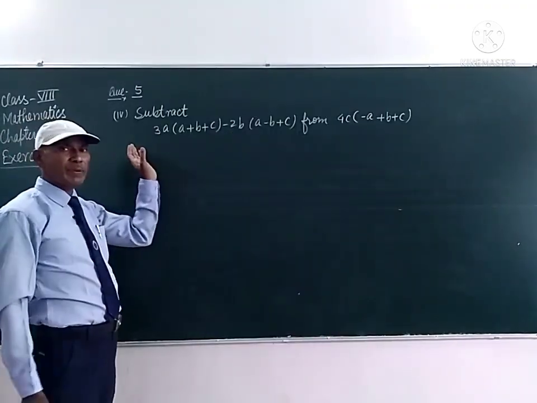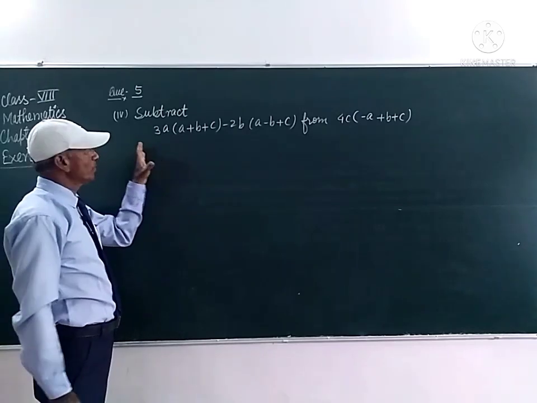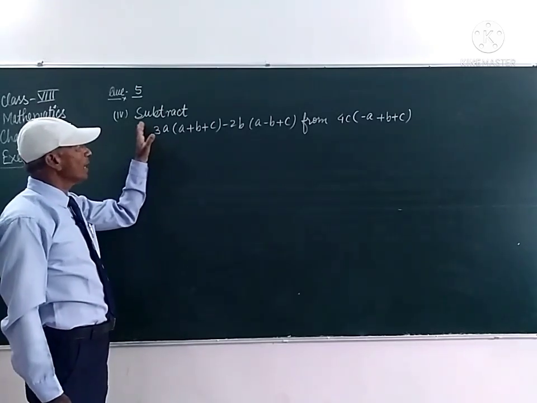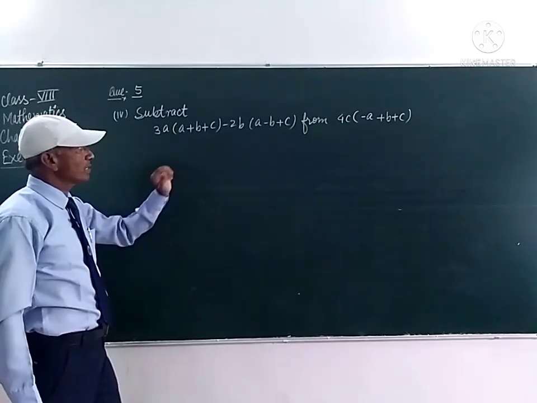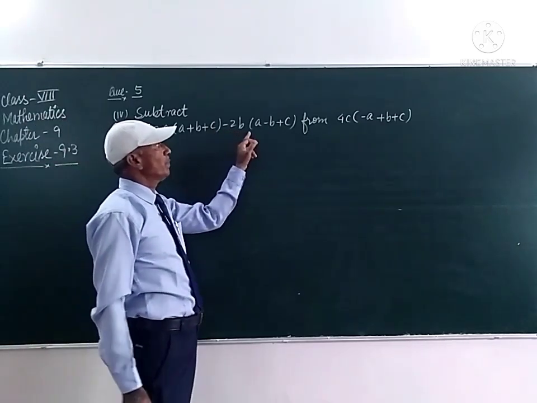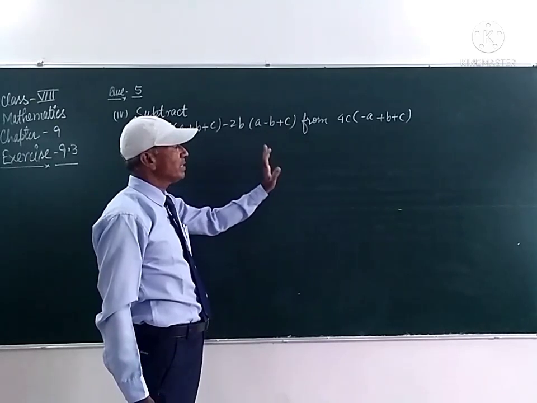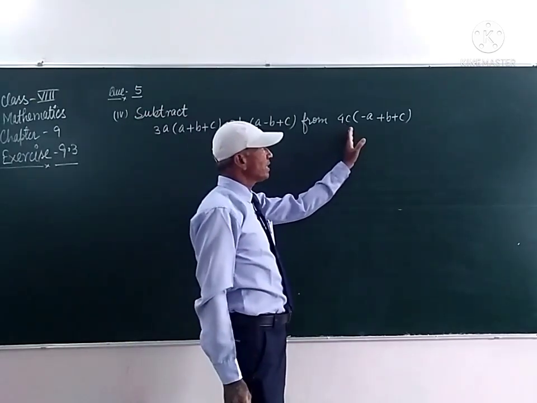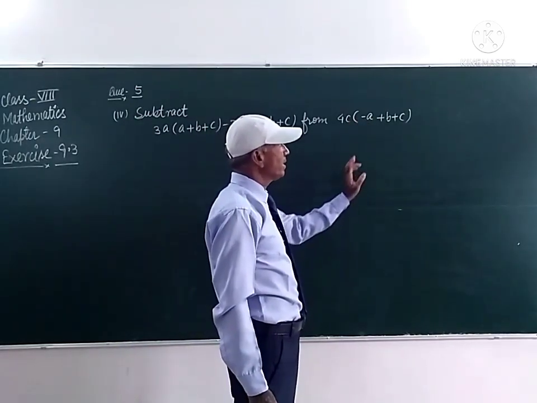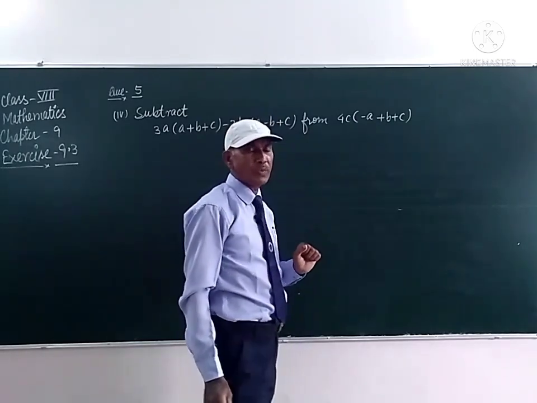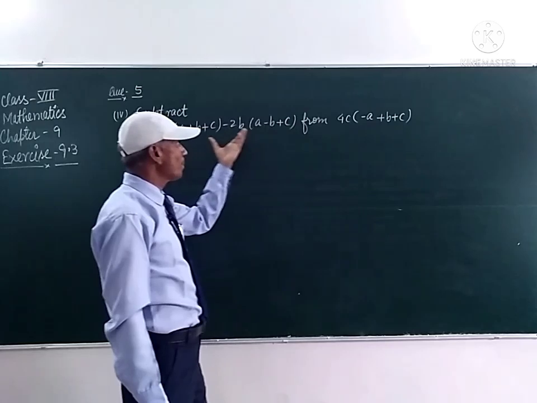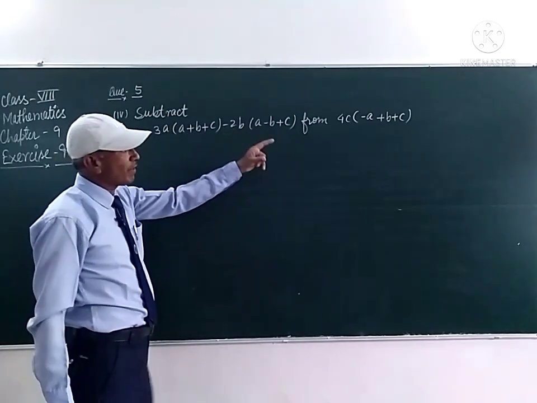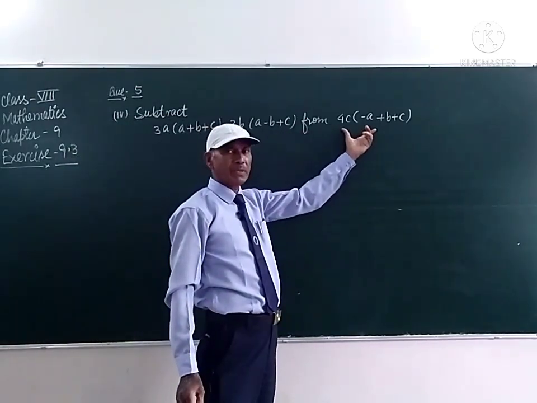This is last part of question number 5, student, and in this we have to subtract 3a in bracket a plus b plus c minus 2b in bracket a minus b plus c from 4c in bracket minus a plus b plus c. So student, from this part we have to subtract this. So first of all, we have to write this part of the question.